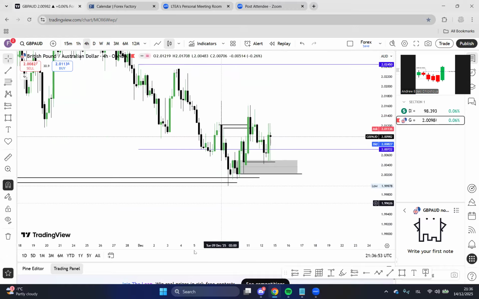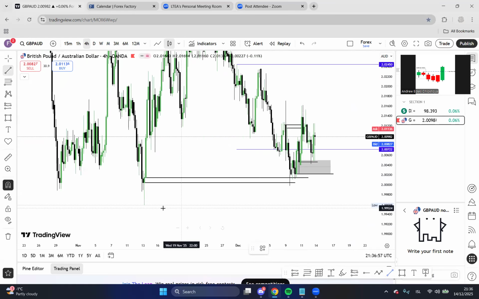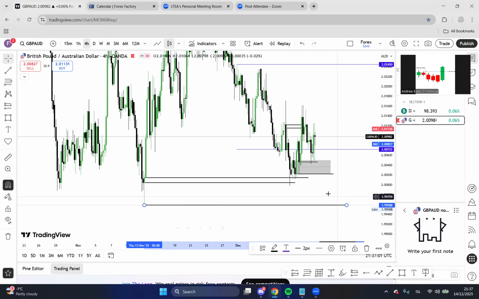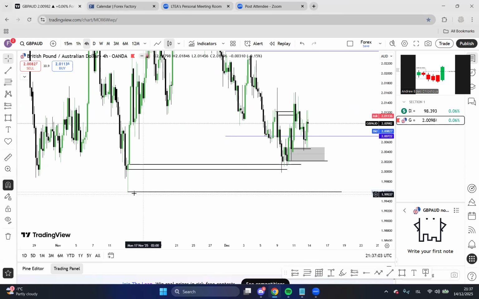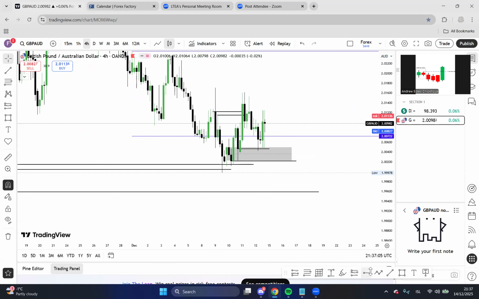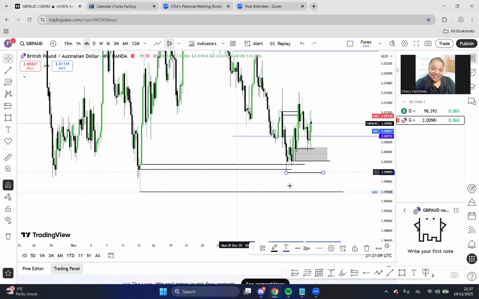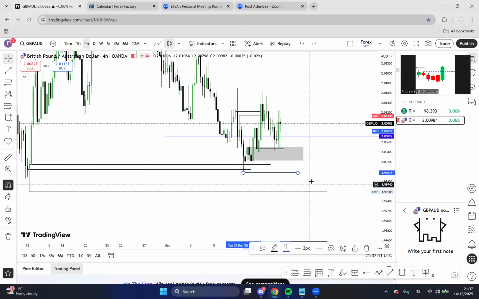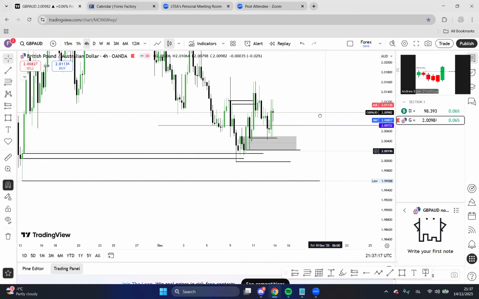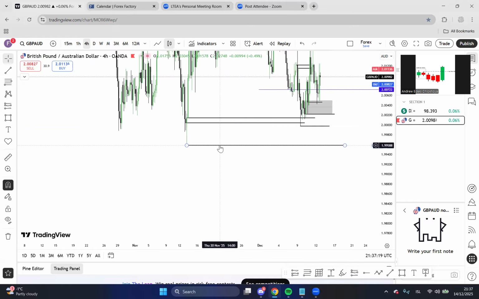Because if price will break below this level, or even if it doesn't break below this level but we break below this other level, then that means we were probably coming for this low here, this liquidity.